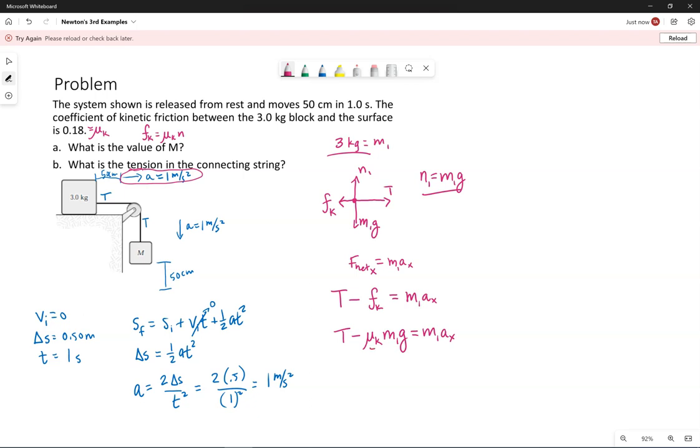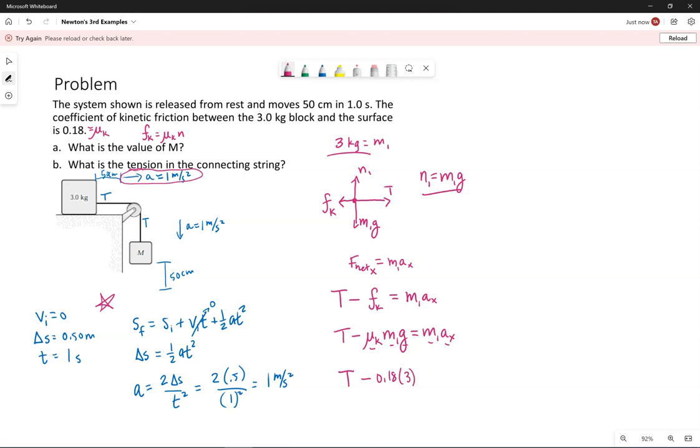So just wanting to pull these things together and see where we're at. We know this coefficient of kinetic friction. We know the mass of this block. We know g. We know the value of the acceleration. We found that using the kinematic equation, the big three. So we actually, in this case, have enough information to solve for the force of tension.